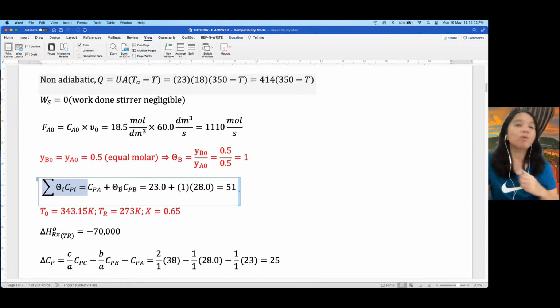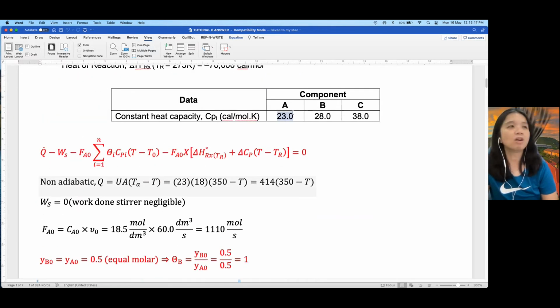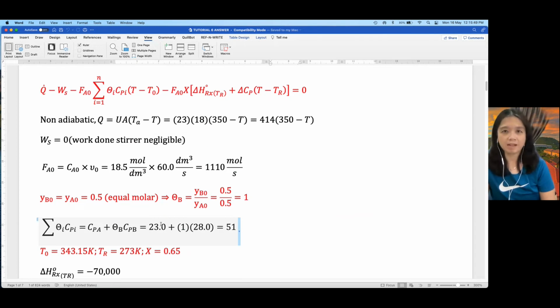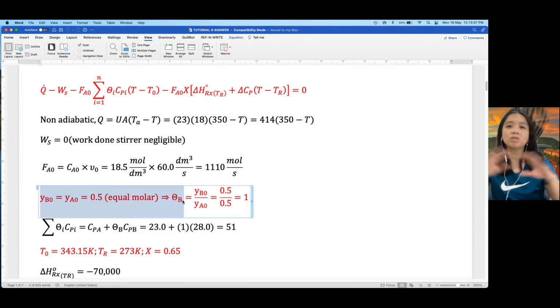Then you calculate one by one. For CPA, you can check from the table, the heat capacity of A is 23. Done. What about theta B CPB? Now you have to calculate theta B first. How to calculate theta B? The concept is the ratio of the initial amount of B over A. Again, the initial amount ni can be concentration, molar flow rate, or mole fraction, depending on your question. In this question, they give us the mole fraction.